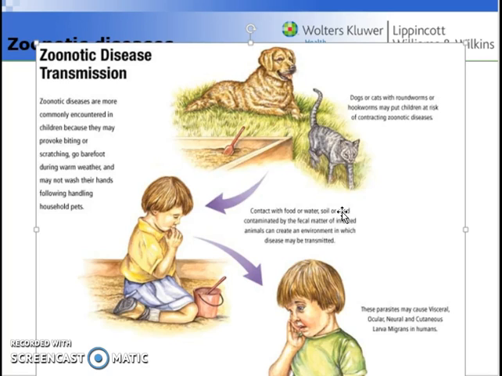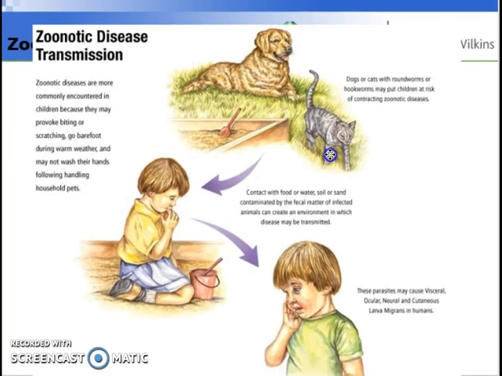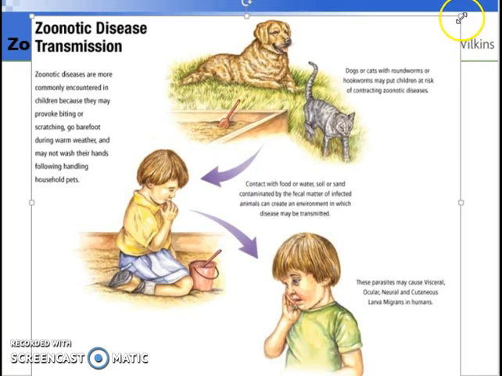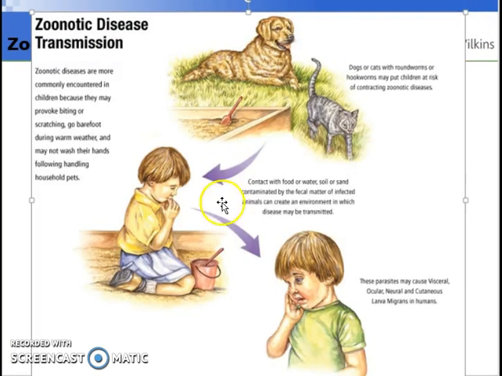Once those eggs or organisms are in the kid's body, those parasites can start to fester, and when they fester, that can cause a lot of problems for the child and make the child very sick and very weak.